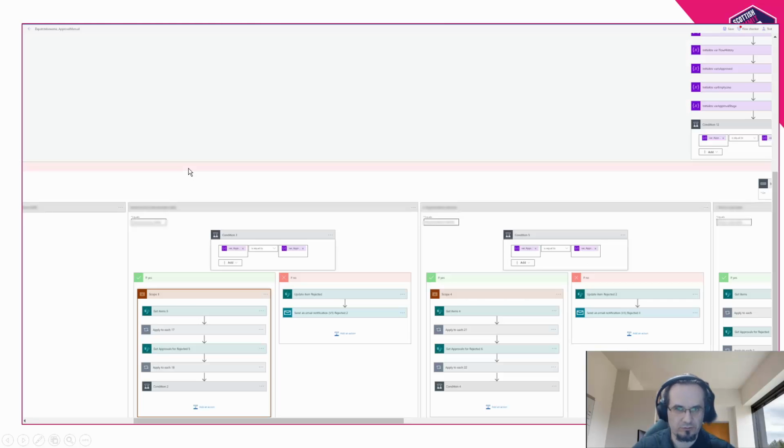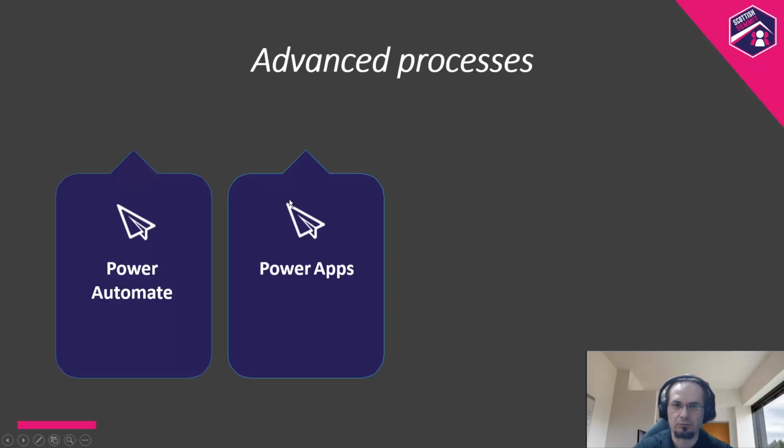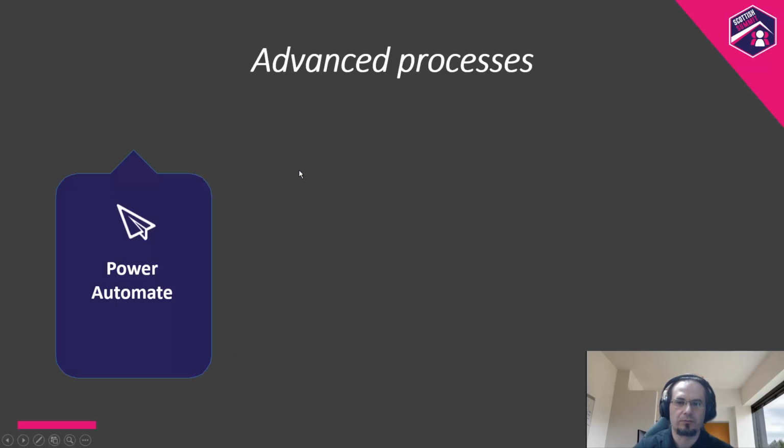As you can see, this is very simple, maybe not simple, but a sample process created in Microsoft Power Automate. And to create such complex or maybe not advanced processes, you should use Power Automate, because it allows us to create complex processes with a lot of logic behind it.